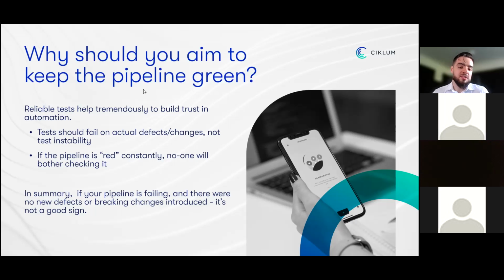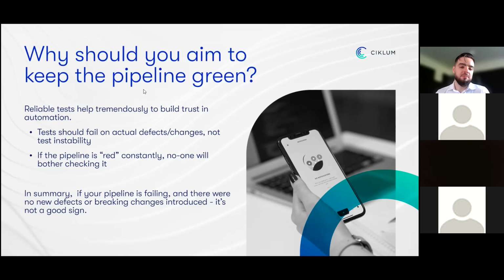at some point, people are just going to stop checking it because, you know, I've heard it way too often: "Oh, it's failing anyway. It wasn't my change. It was failing before." So people are losing trust. Automation as a thing which can quickly give us feedback loses value very quickly because people stop looking into it. Also, it gets hard to really find out what broke those tests, because if you have several red pipelines in a row, you don't really know which change caused it because it just started failing some time ago.